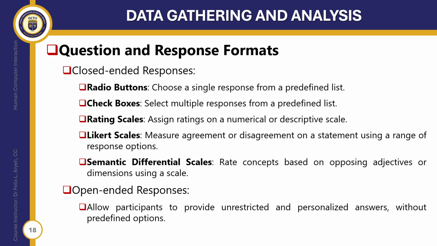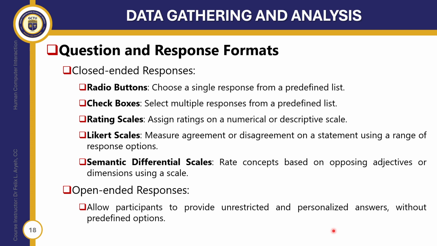For open-ended responses, under this we can think of the unrestricted text responses. In this case, participants provide unrestricted and also personal answers without predefined options. So that is for the open-ended responses.